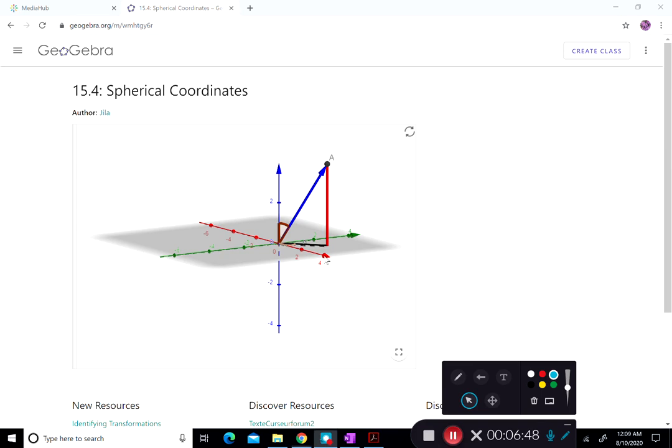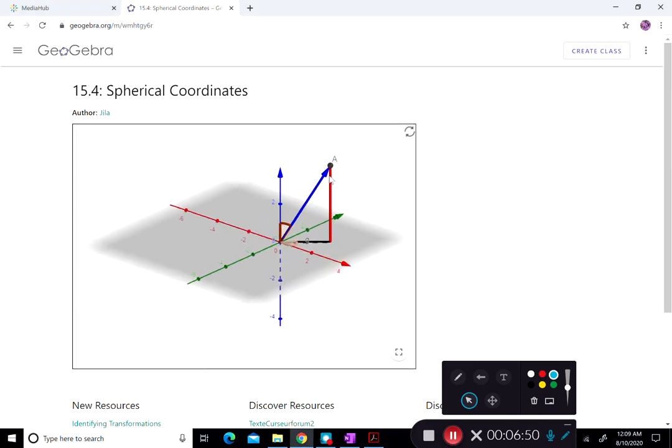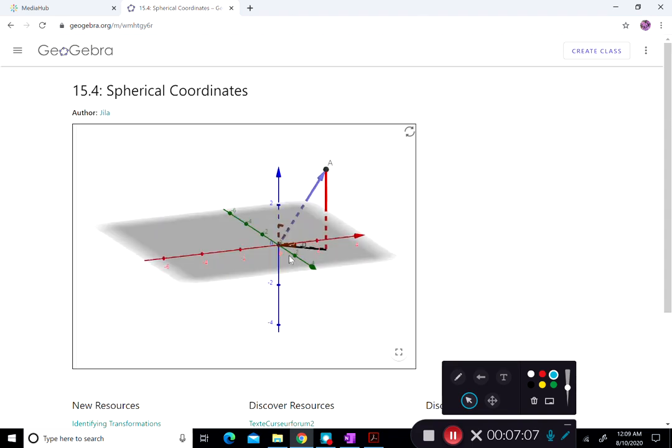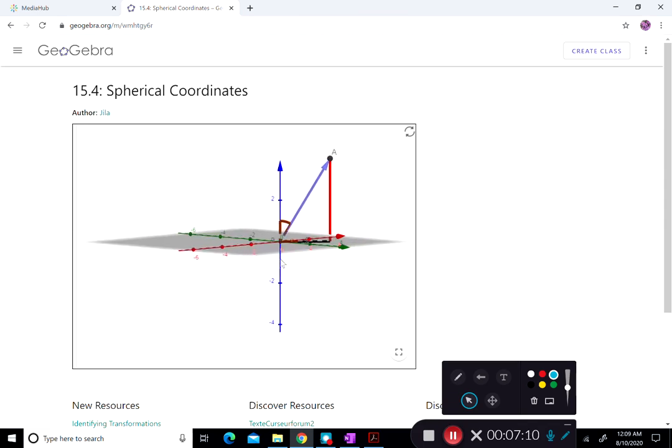How does this conversion work? Remember, this distance, the blue distance, is rho, and this angle is phi. If I want to find z from rho and phi, here's the triangle. z is this red side.